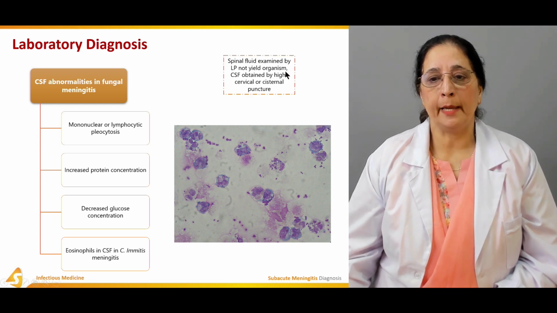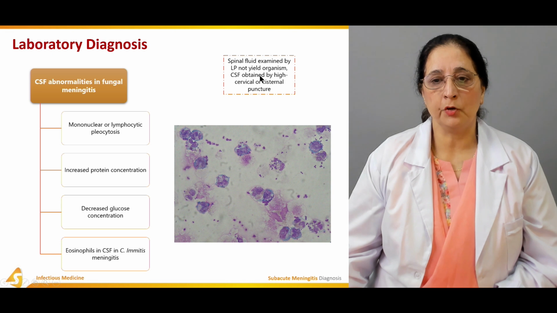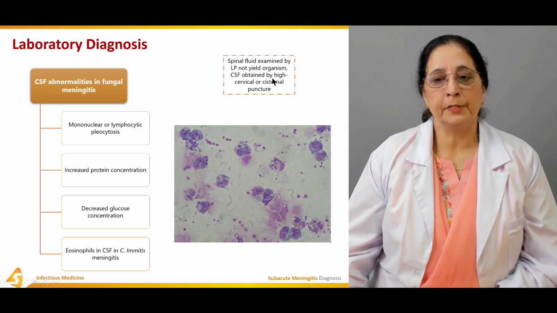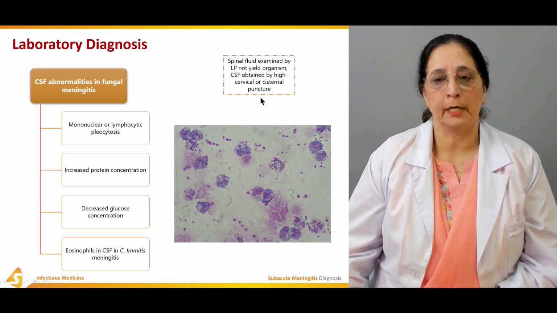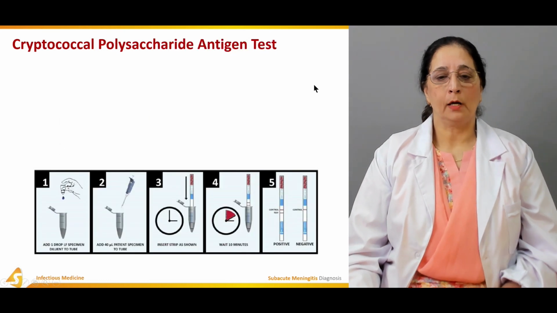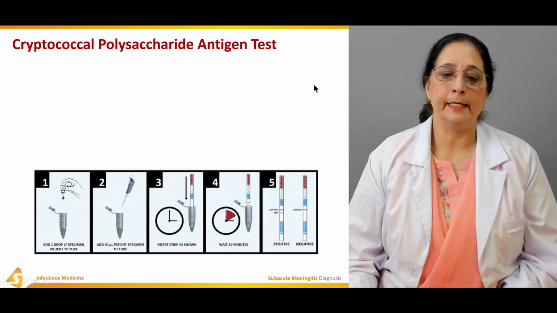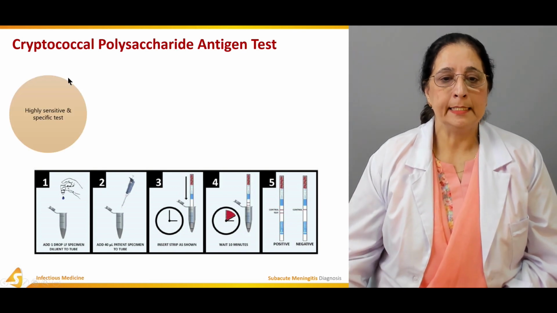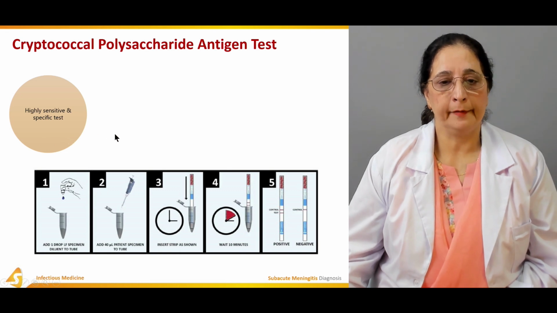Spinal fluid examined by lumbar puncture may not yield the organism. Cerebrospinal fluid may then be obtained by high cervical or cisternal puncture. Now, the cryptococcal polysaccharide antigen test. It is a highly sensitive and specific test.